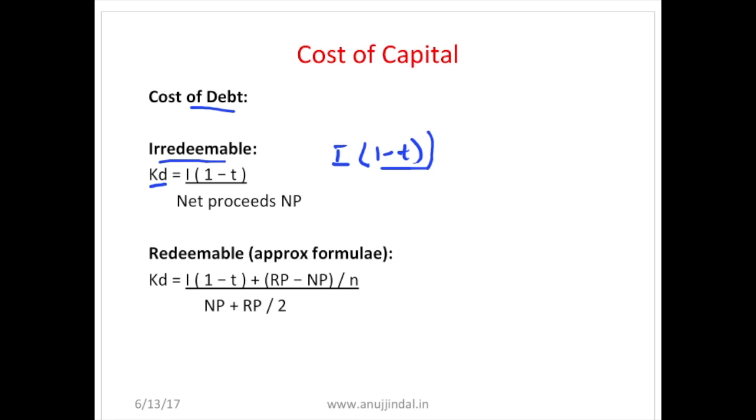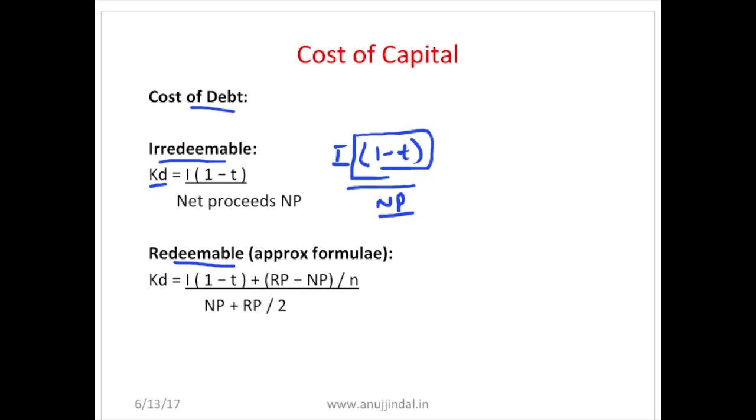So you remove the tax advantage from the cost of debt, because an organization receives a certain tax advantage when it issues debt to an investor. You divide it by net proceeds, or the money that the issuer gets when the investor invests in the company in the form of debt. So this is for irredeemable cost of debt.